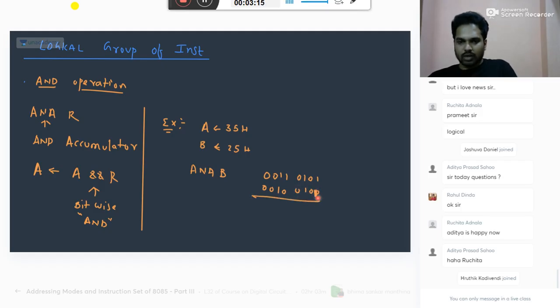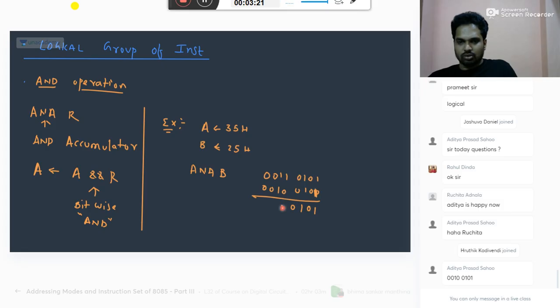Then it will perform AND operation, and you get 25. This is what we call AND operation, just logically bitwise AND operation. So this is done with the help of AND accumulator with register R.